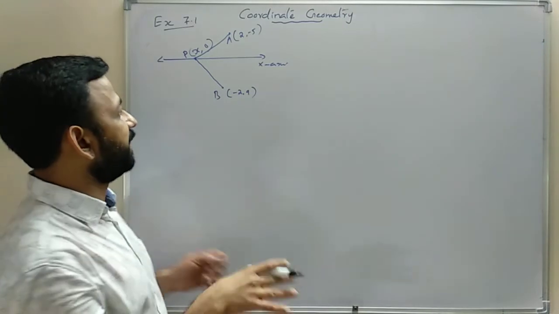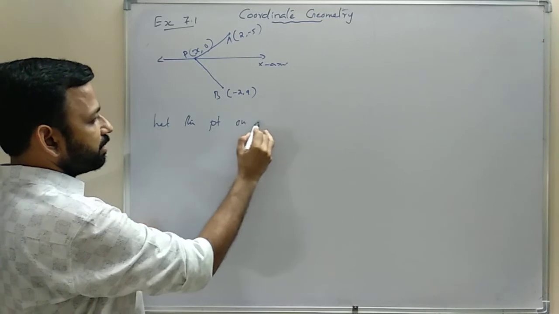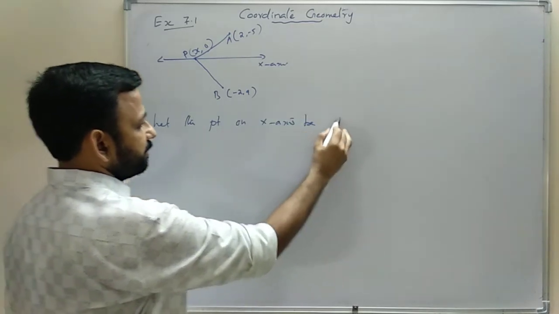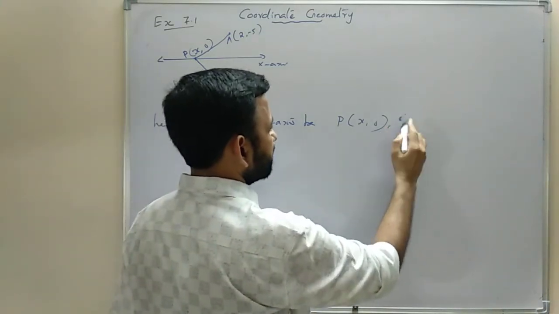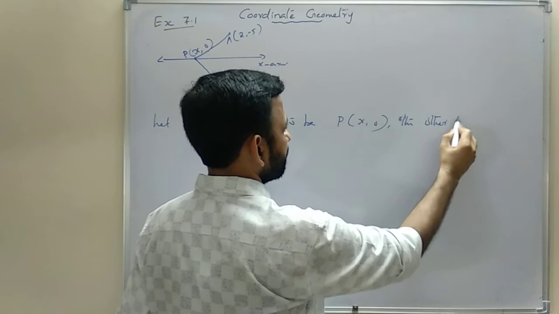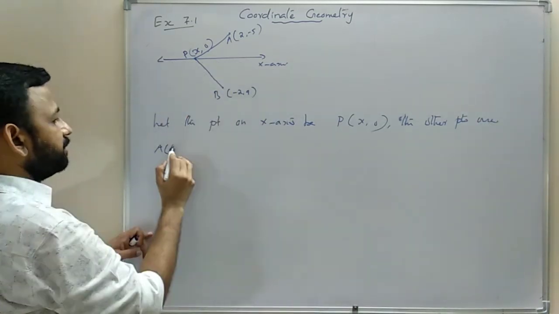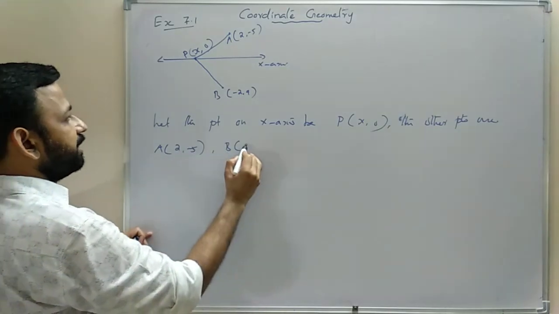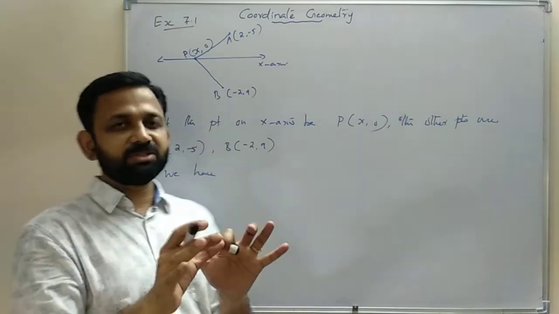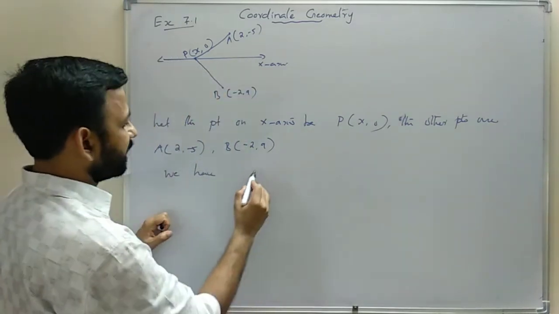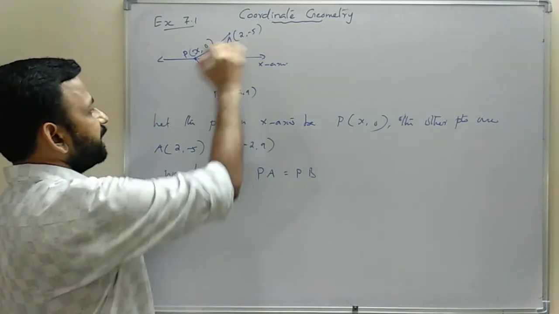So let the point on the x-axis be P(x, 0), and the other points are A(2, -5) and B(-2, 9). Then it's given this point is equidistant from those 2 points. So that means we have PA equal to PB, equal distance.